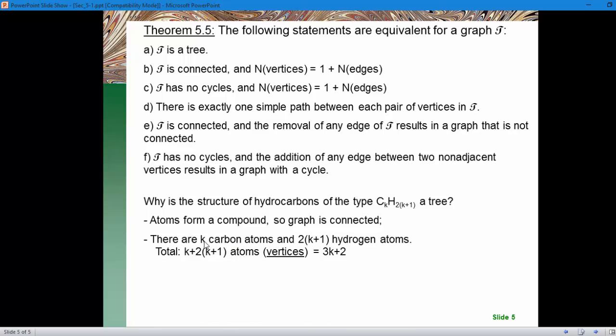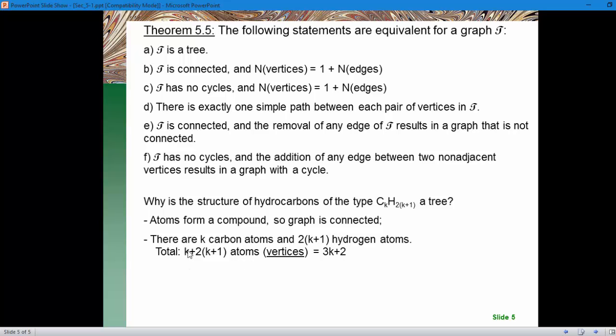Also, in the hydrocarbon structure, there are K carbon atoms and 2 times K plus 1 hydrogen atoms. Now let's take a look at that. That means if we have K atoms and 2 times K plus 1 atoms as well, and we add the two sets, carbon atoms and hydrogen atoms, together, then we will have 3K plus 2, right?